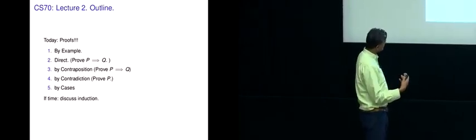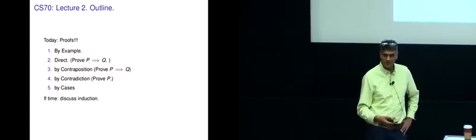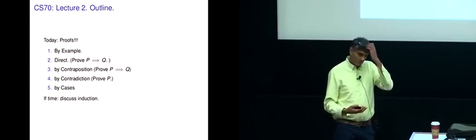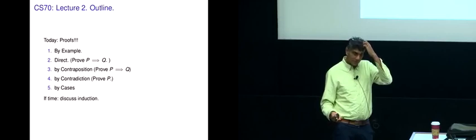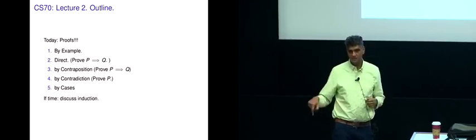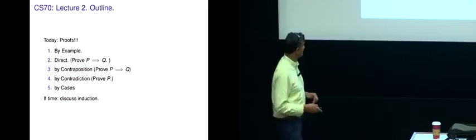Contradiction, we'll get into that in detail, but what we do is we assume that the statement is false, and then we prove something false. Okay? So if false implies false, what is the contraposition of that? True implies true. So that's how you prove the original statement is true. But I'll get into more details later.